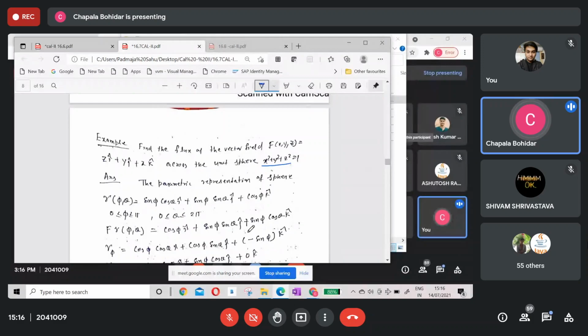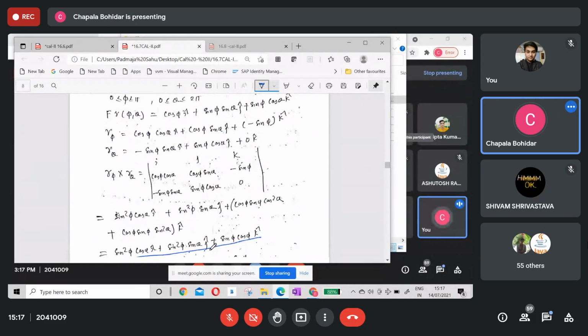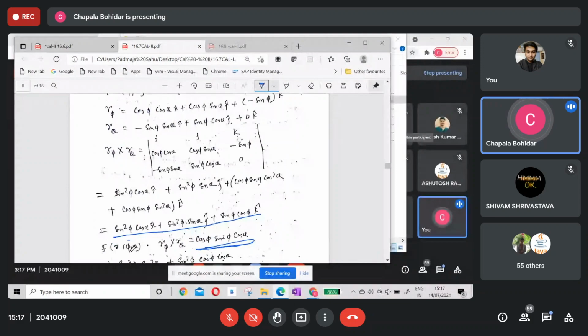From that we find out r of theta and phi. From that we find r phi, then r theta. By the cross product I'll get this value. This value simplifies, I'll get this one.